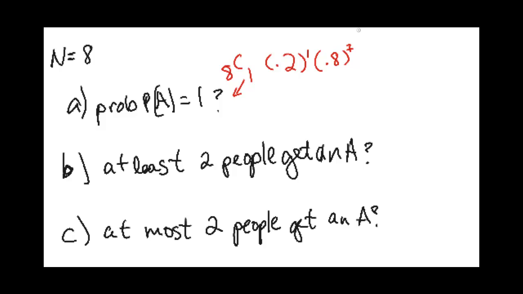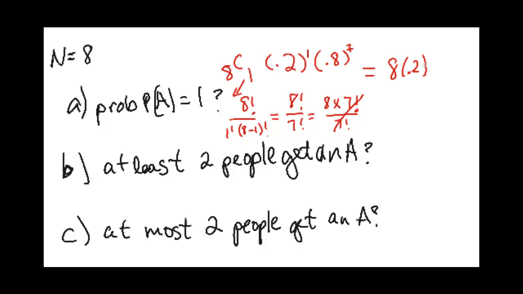And when you plug into the factorial part of this, you get 8 factorial over 1 factorial, 8 minus 1 factorial, so that's 8 factorial over 7 factorial. Well, that becomes 8 times. We don't need to go any further than 7 because there's a 7 factorial right there on the bottom. So you can get 8 times 0.2 to the 1 is 0.2, and then 0.8 to the 7 equals 0.2097, so we'll say 0.210.